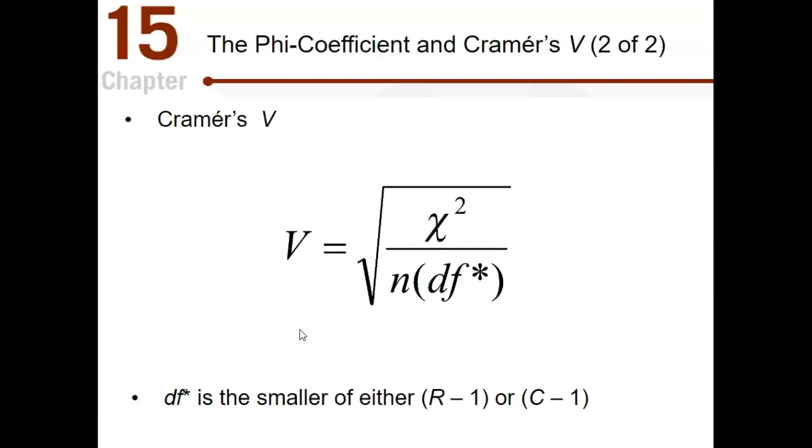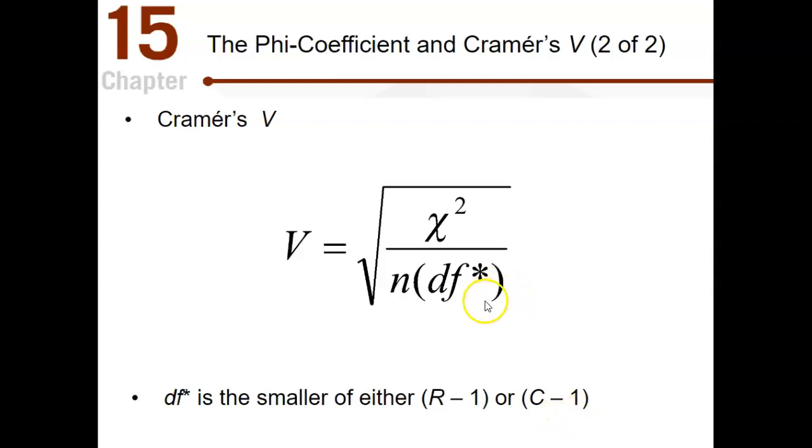So that's pretty much it for how that test is done. And for all these tests, we also have measures of effect size. Once you calculate your chi-square statistic, you can set that over n, and then multiply that times degrees of freedom asterisk. What is degrees of freedom asterisk? That is the smaller of either rows minus one or columns minus one.